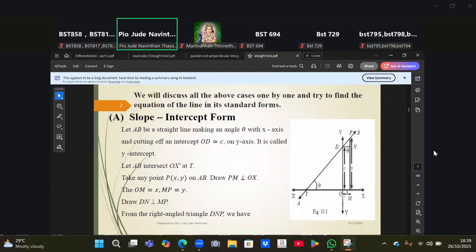If there is no x and y, don't need to call the supervisor or invigilator. Intercept is there. So which intercept? You have to know if there is no x and y, automatically y-intercept, your y is equal to mx plus c is there now. That c is given. Okay.